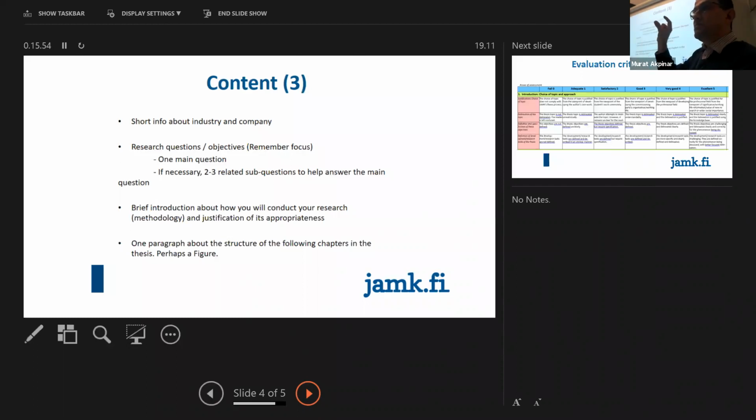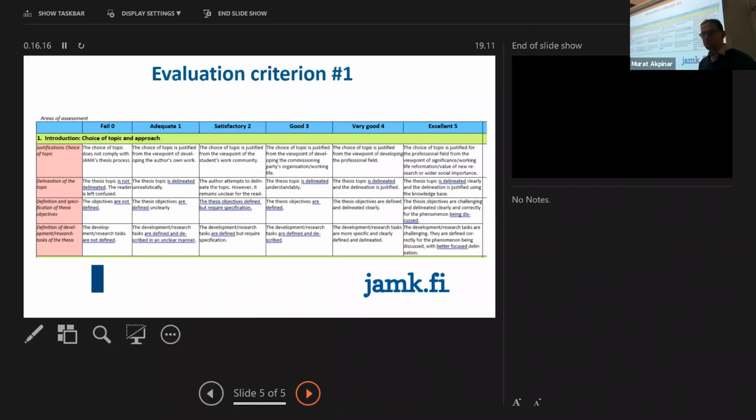And in that section, when you present your research questions, make sure that you do not end it there with the research questions. Briefly tell us, write about how you are going to answer those questions. Because if we go to our evaluation criteria, we see that one of the criteria is definition of development research tasks of the thesis.